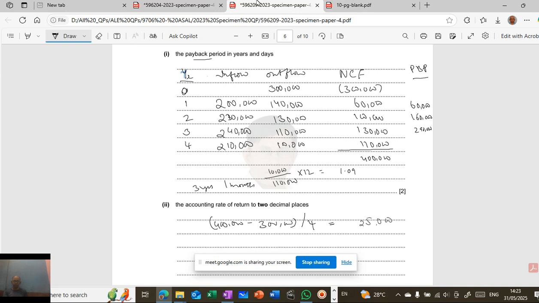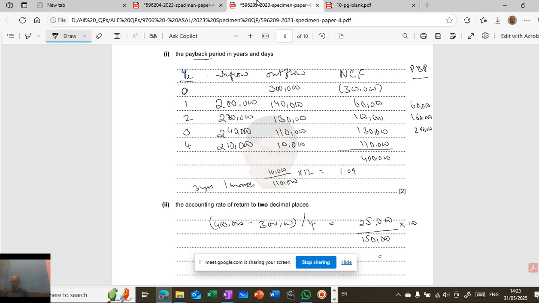So 25% accounting rate of return. The average investment is 3 lakh divided by 2, 1 lakh 50,000, into 100. So 25,000 by 1 lakh 50,000 into 100.